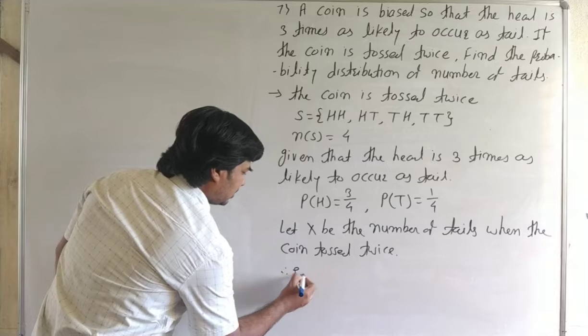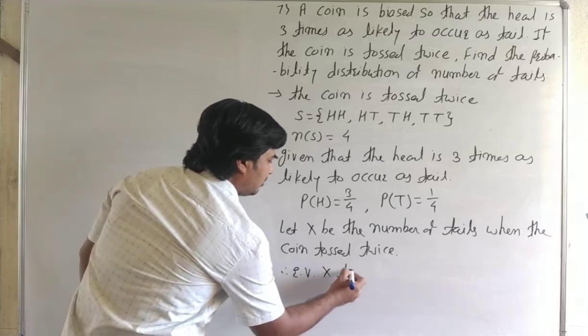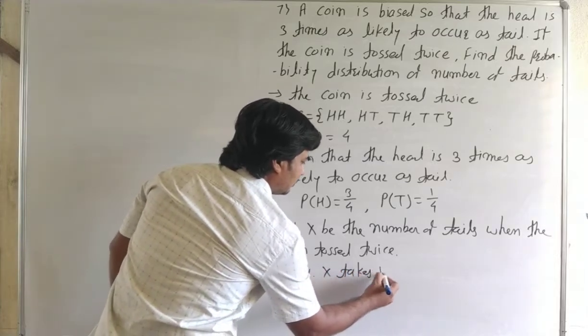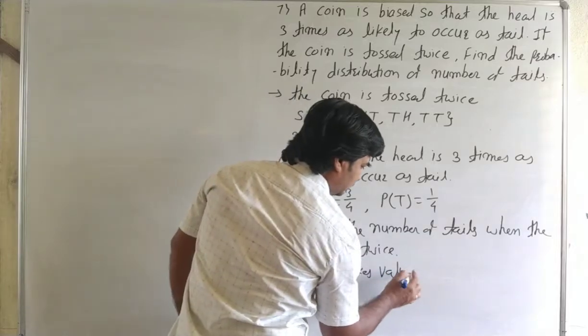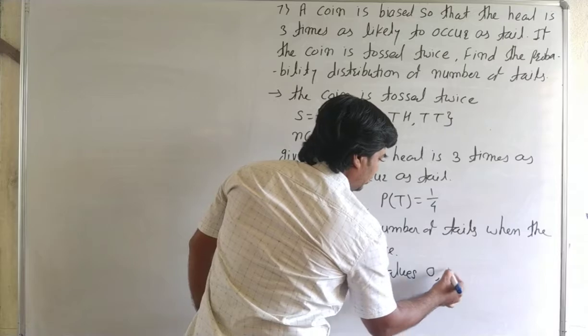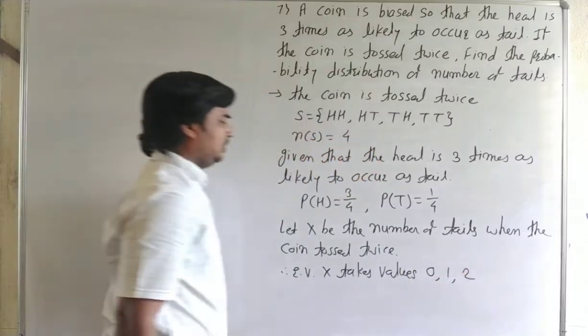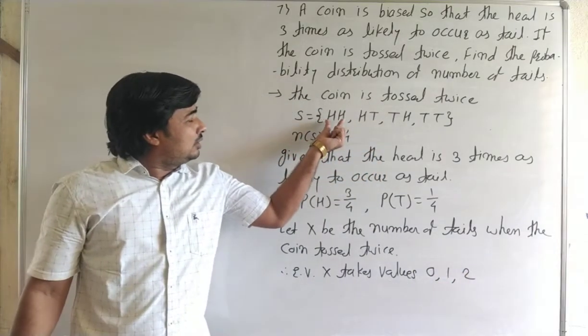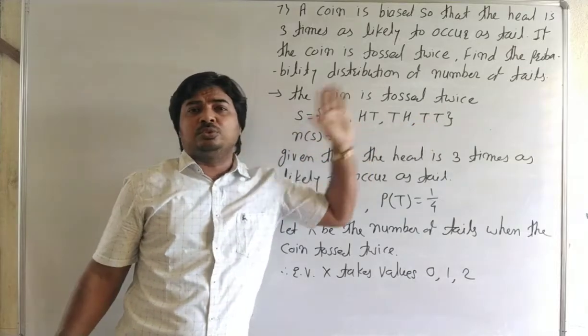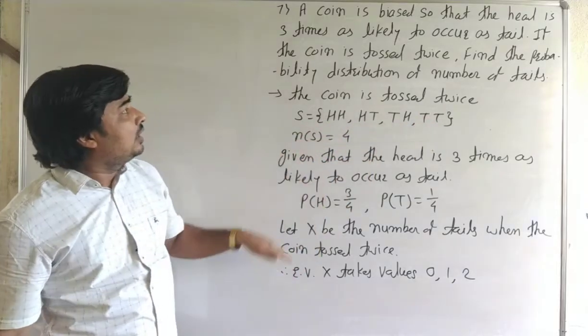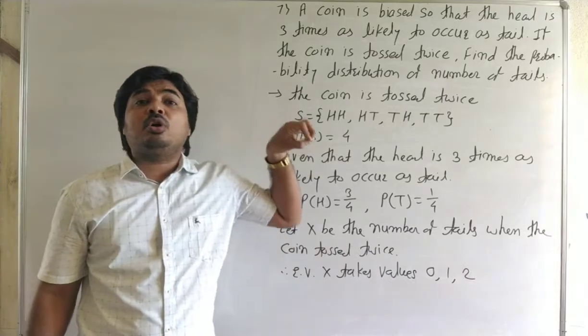This random variable X takes values 0, 1 and 2. Here in the first outcome it is 0, then 1, 1 and 2. Now we want to find the probability distribution of the number of tails.